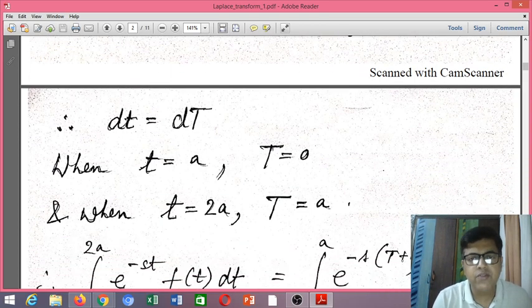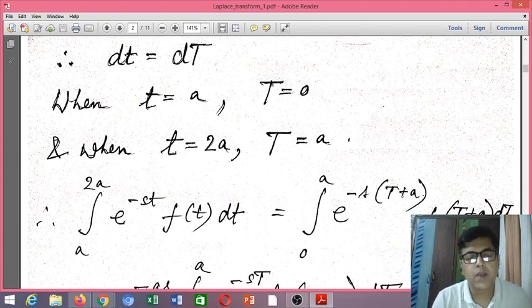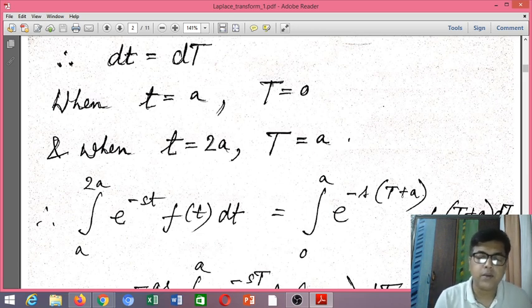So making those changes, the integral a to twice a e to the power minus st into f t dt now becomes equal to integral 0 to a, because the corresponding limits get changed. In place of small t, I write e to the power minus s into capital T plus a, and f of capital T plus a, dt being replaced by d capital T. Right? It's very simple.